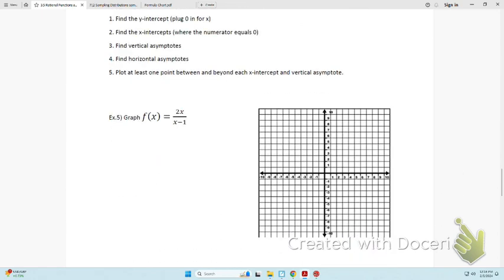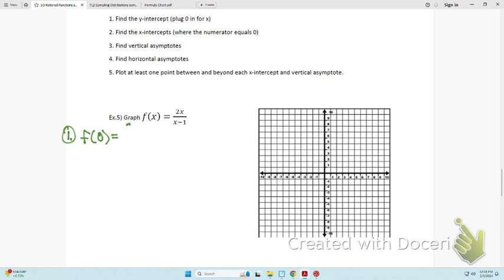So we're going to use the 5 steps that you see at the top. In the videos, I did not go over steps 1 and 2, but that's because they're pretty self-explanatory. So for step number 1, let's go very slow and organize this. I'm going to plug in 0. And when I plug in 0, that's my y-intercept.